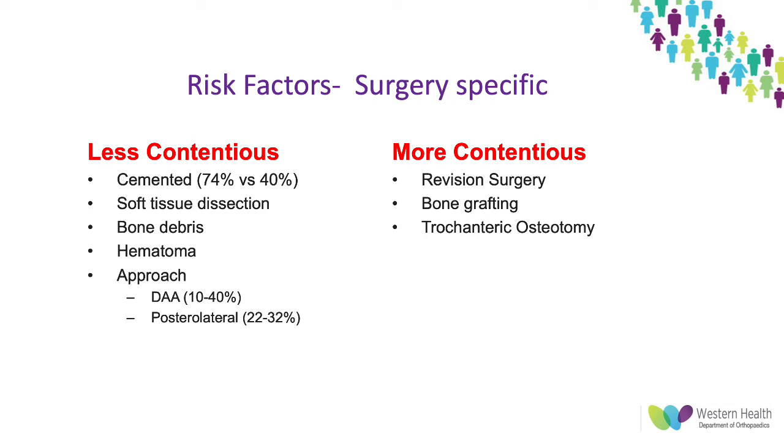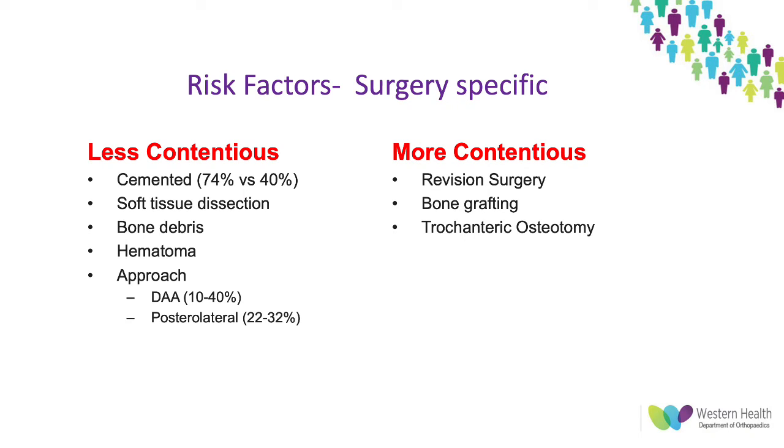In terms of surgery specific risk factors, one which is most reliably reproduced in literature is having a cemented prosthesis compared to an uncemented prosthesis. Maloney et al. published an article in the JBJS in 1990 which demonstrated that 74% of patients who underwent hybrid total hip replacements developed HO compared to 40% in the uncemented group.